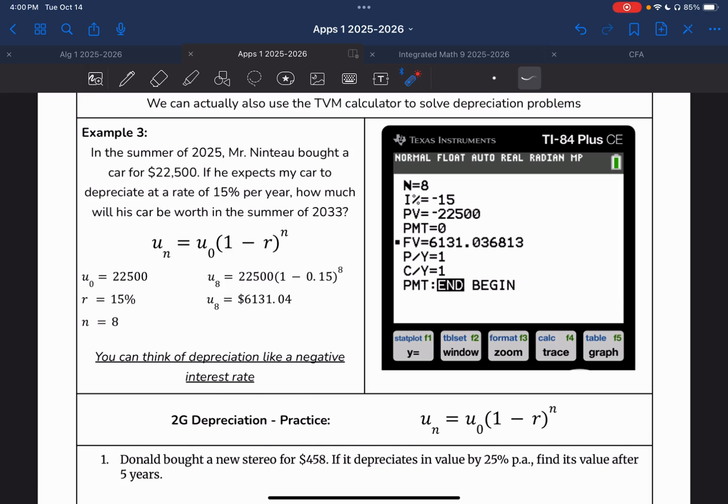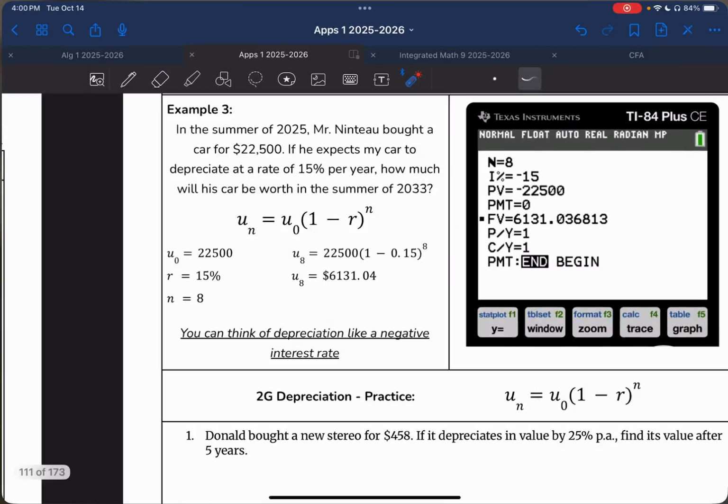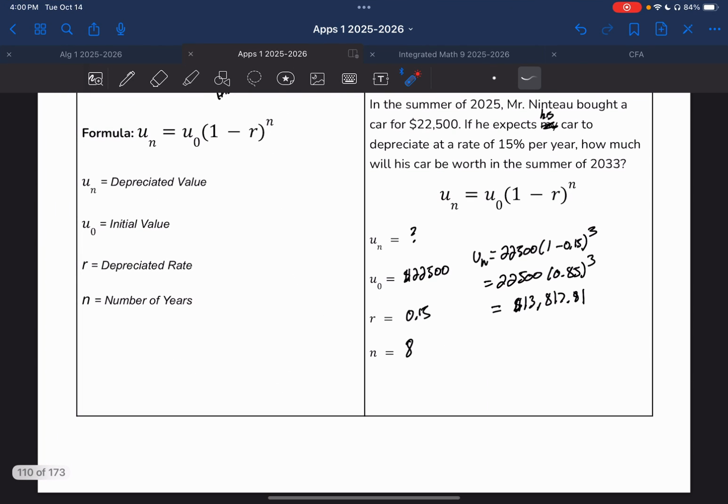That's not what I got on the last one. All right, I apologize. I need to go back and revise what I did in the last one, because I typed in 3 as the exponent instead of 8, changing our answer to what it should be. I apologize for that.